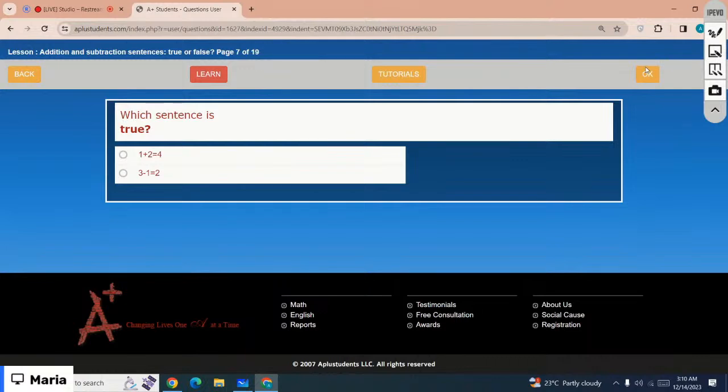The correct option is, yes, option number 2. 3 minus 1 equals 2 is the correct option. The second option is the correct one.